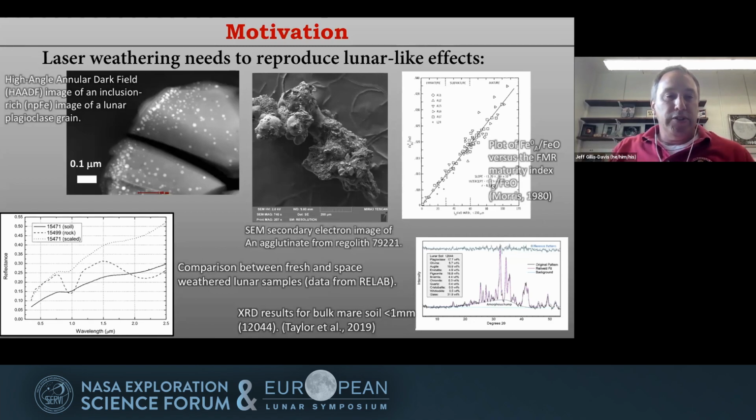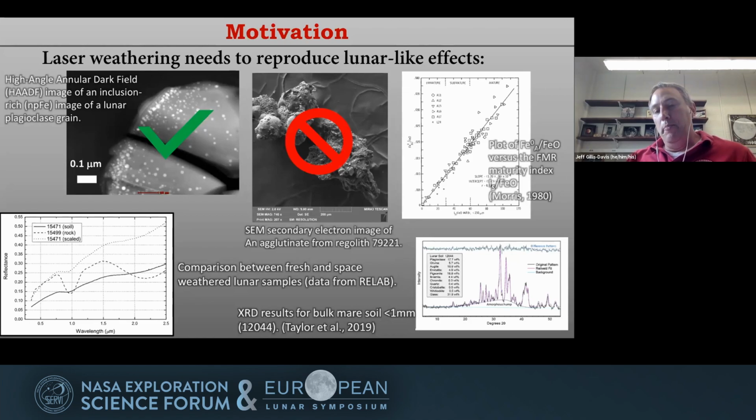And with short pulse lasers, we can recreate that feature. Another very common feature in lunar regolith are the agglutinates, which in a mature lunar regolith can comprise up to about 60% modally of the regolith. And with the short pulse only laser, we cannot produce these agglutinates.